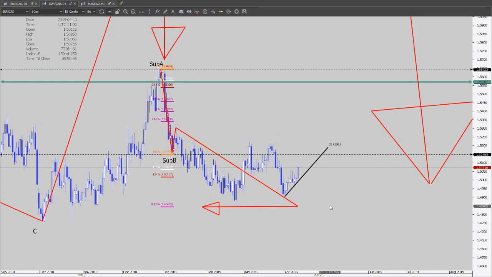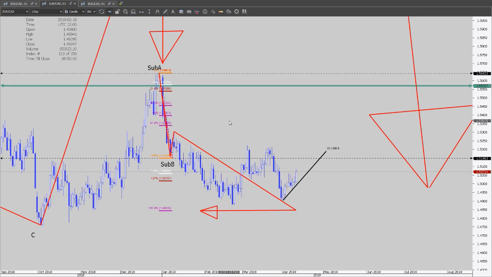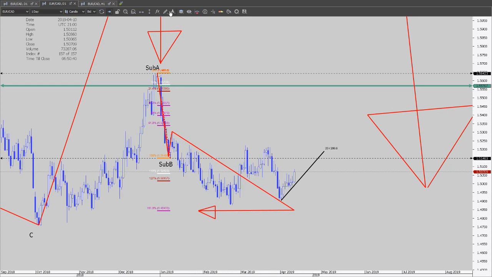Okay, what do professional traders do with the Fibonacci's? The professional traders are staying out of this trade. They are not long anymore until the market is going to break our contrarian Fibonacci.